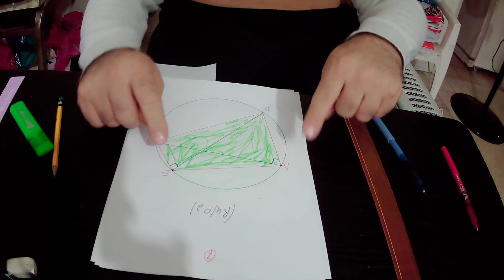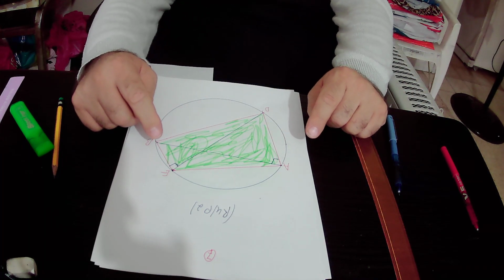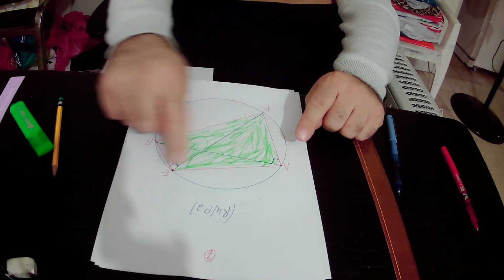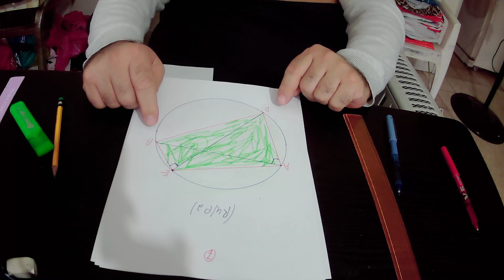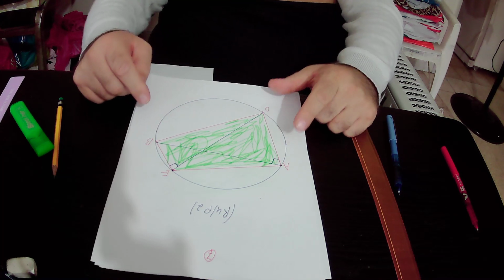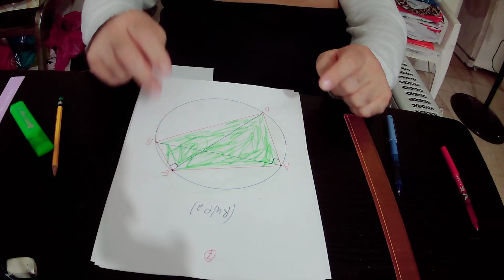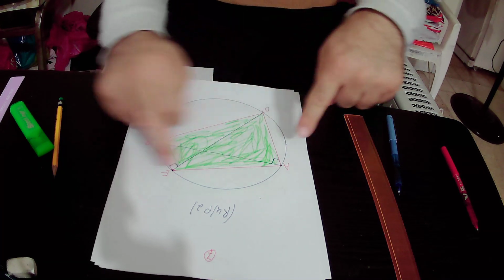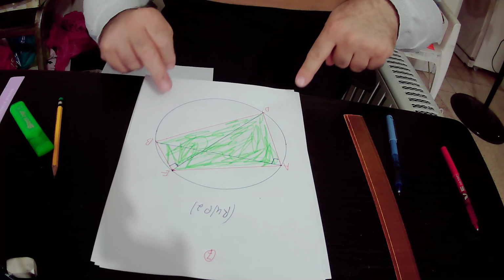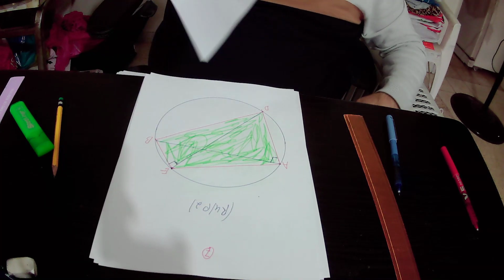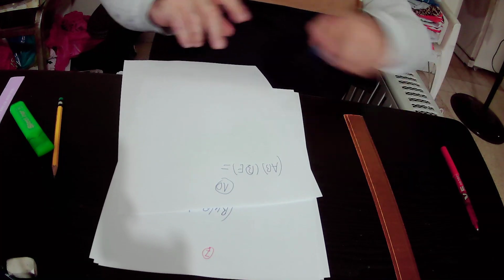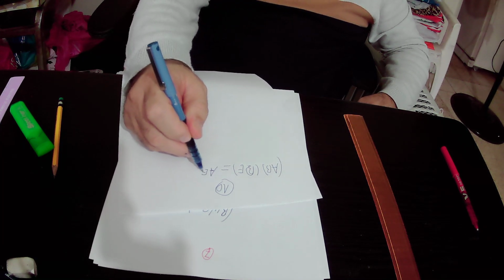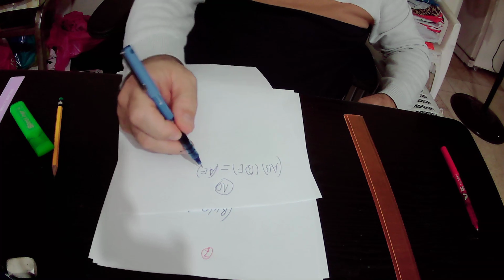Side AE of quadrilateral AEBD is opposite to side BD, and side AD is opposite to side EB. So the first product of its opposite sides is actually AE times DB.